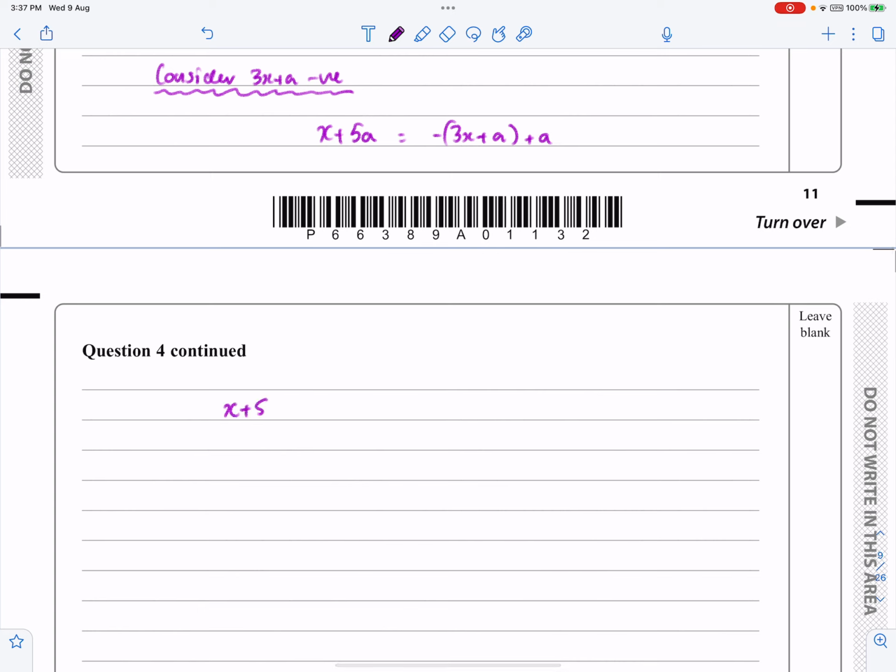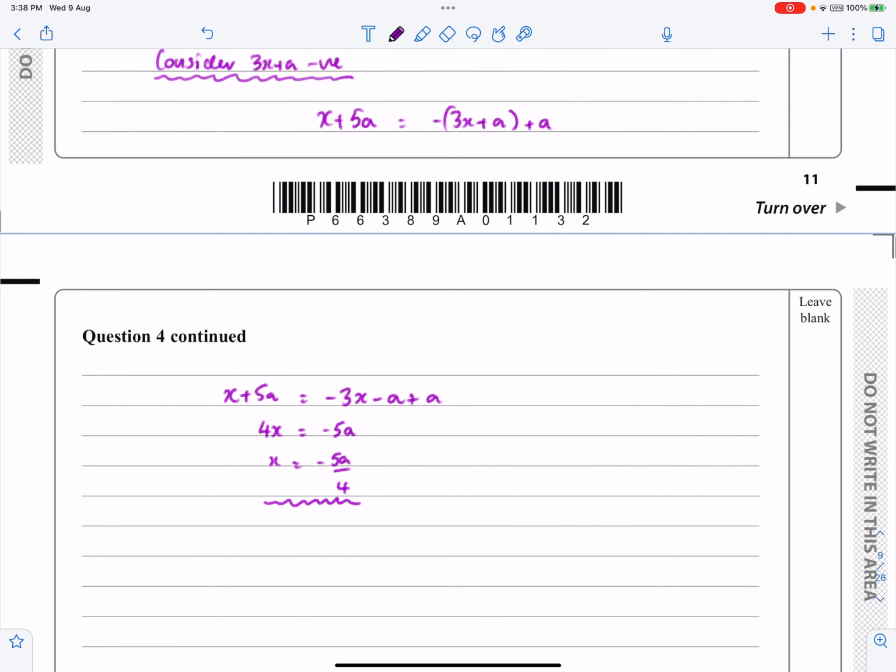So I get x plus 5a equals minus 3x minus a plus a. Well, those two cancel each other out. Rearranging all of that is going to give me 4x equals minus 5a. So x equals minus 5a over 4 this time.